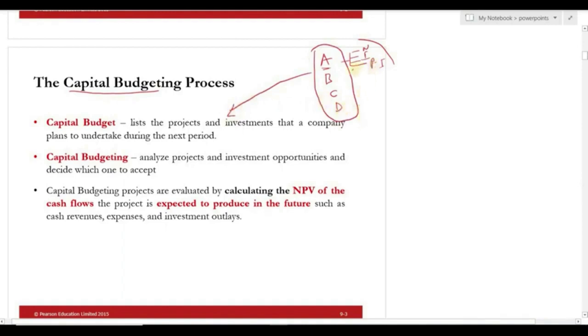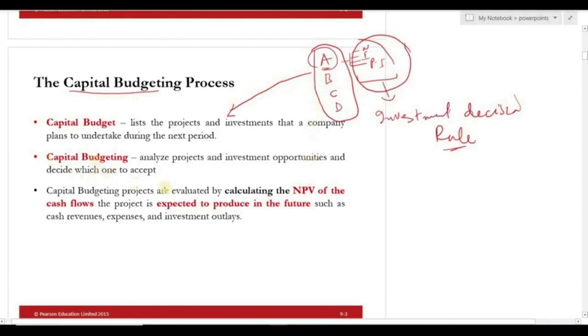And capital budgeting means evaluation of these projects based on investment decision rules, right? Budgeting means we have to evaluate, and budget means we have to think of the list of projects that could be ours.